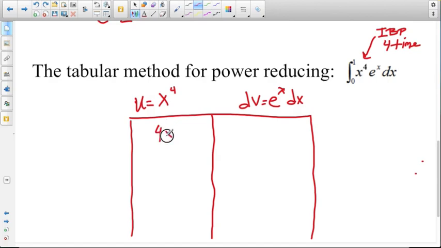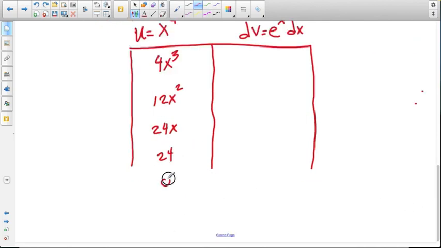So we get 4x cubed, we get 12x squared, we get 24x, we get 24, and we get 0. And then we integrate this as many times as we need to fill in all these rows. So we integrate and get e to the x, and we integrate again and get e to the x, and again, and again, and again.